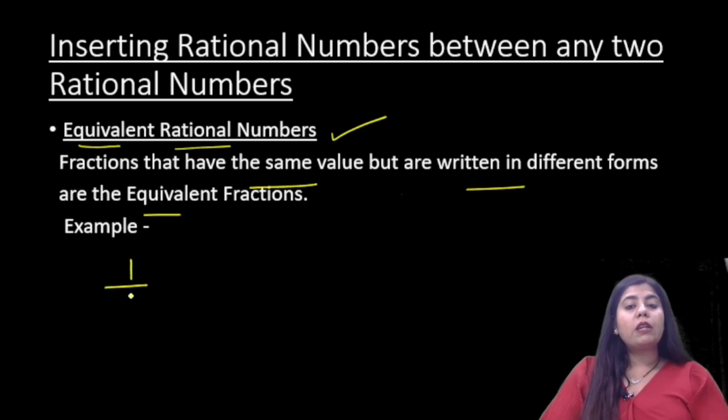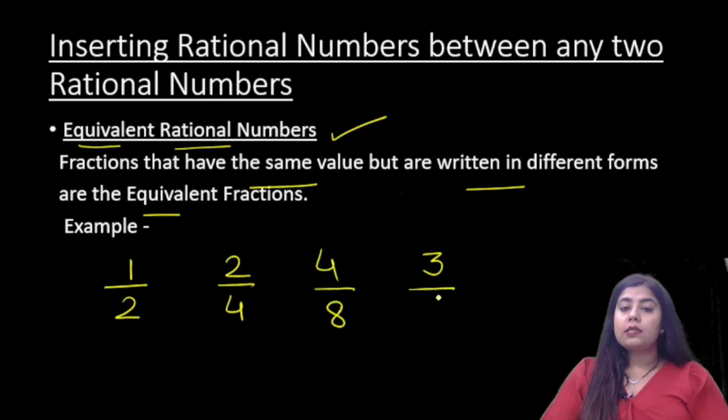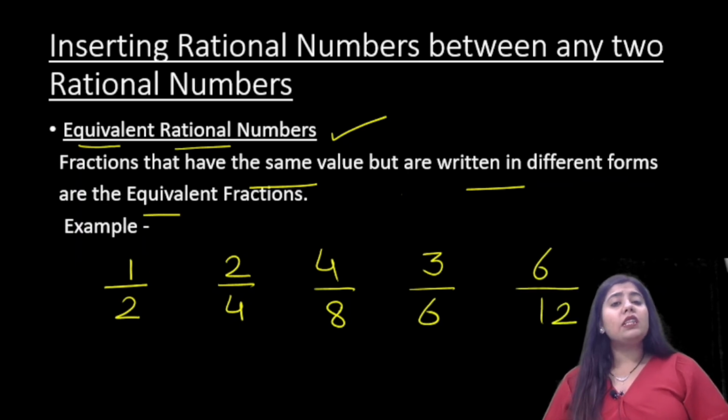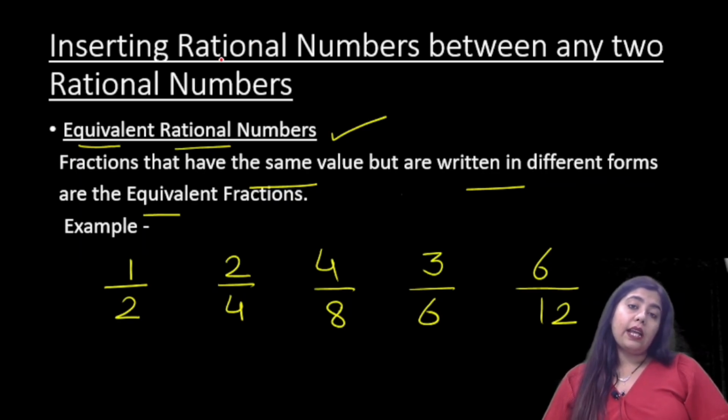For example, 1 by 2, 2 by 4, 4 by 8, 3 by 6, 6 by 12. If you see carefully, these are all equivalent fractions. By normally seeing them, we can say that these are different rational numbers.